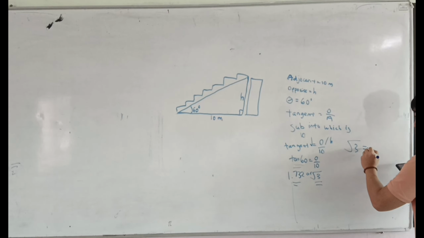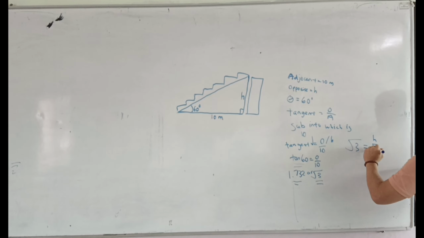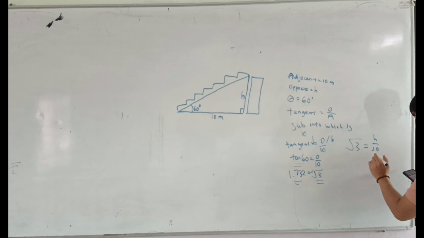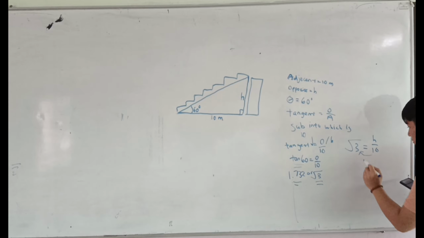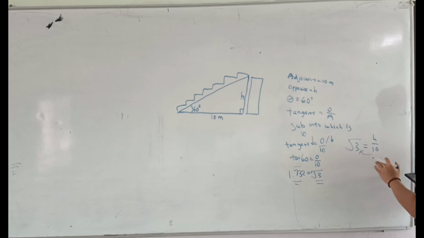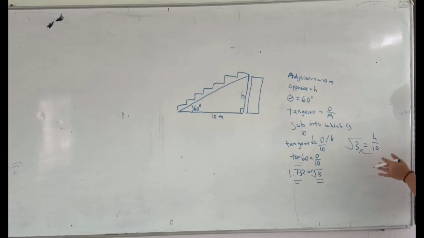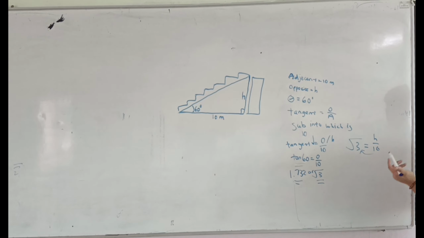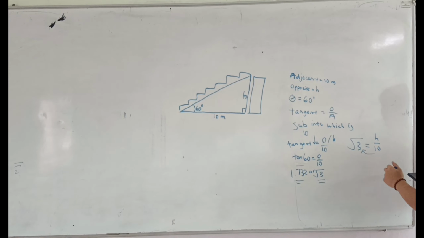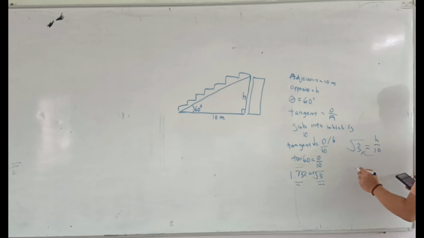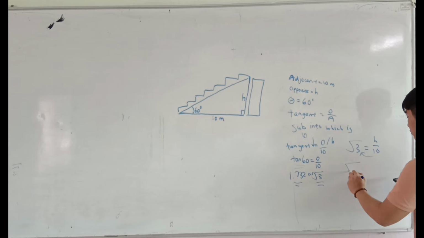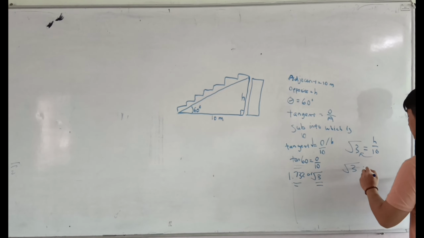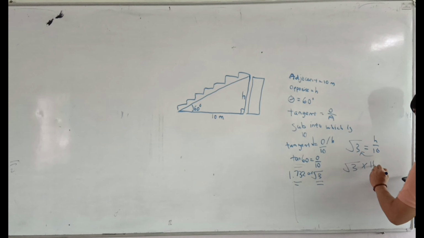Then H over 10. We have to move the 10 over here, which is times. Since this is a division, anything that goes from the left, either a times or a division, will be the opposite. So right now we have division. If we move to the left, we get multiplication, which is times. So square root 3 times 10.